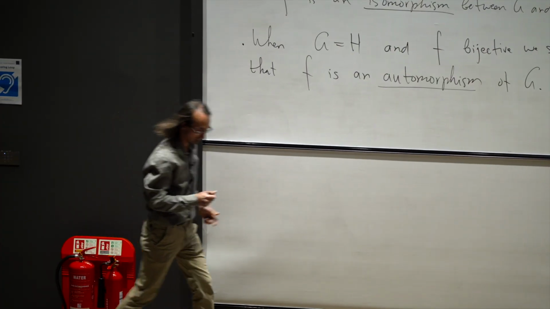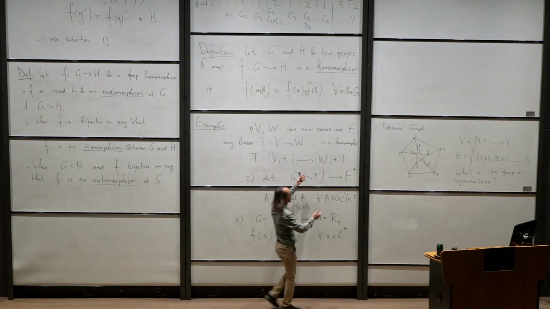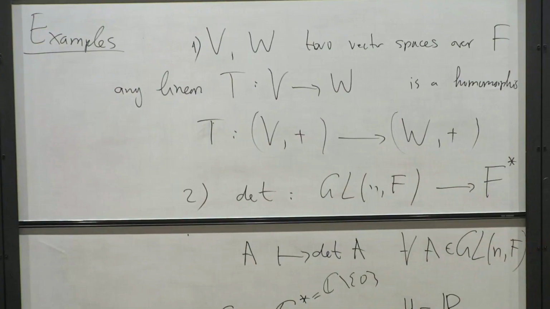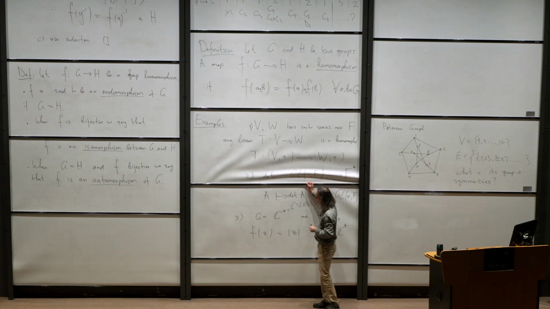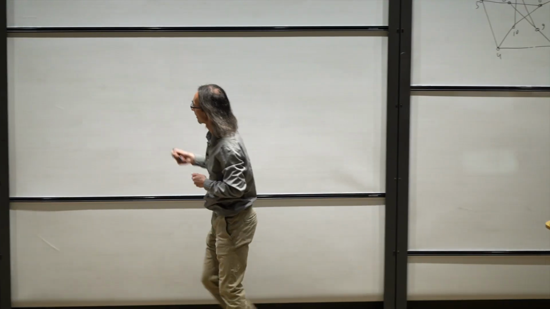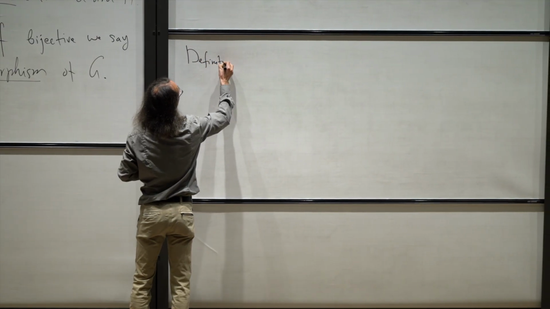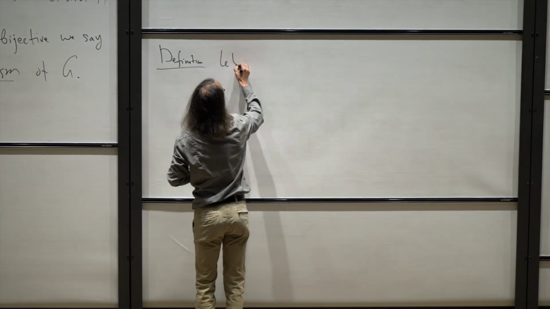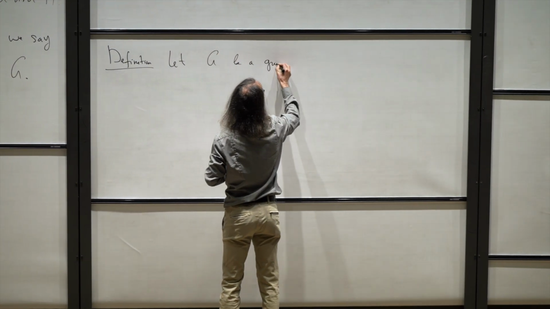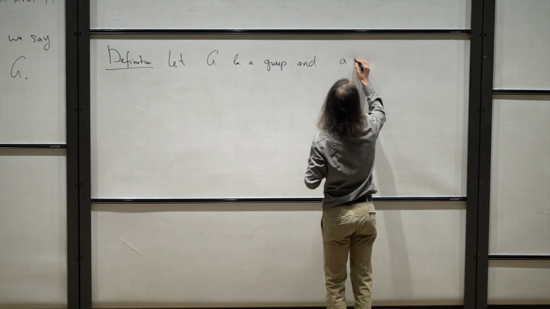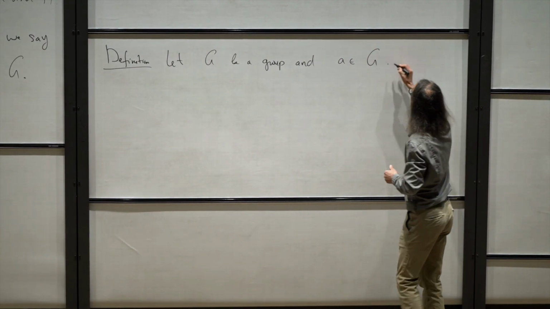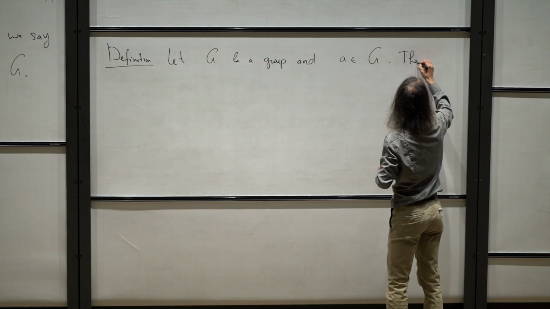So let me give an example of an automorphism. One easy example can be immediately given from vector spaces. We take a bijective linear map between the same vector space. But let's do something more interesting. Let G be a group and an element a be in G. Define the map.